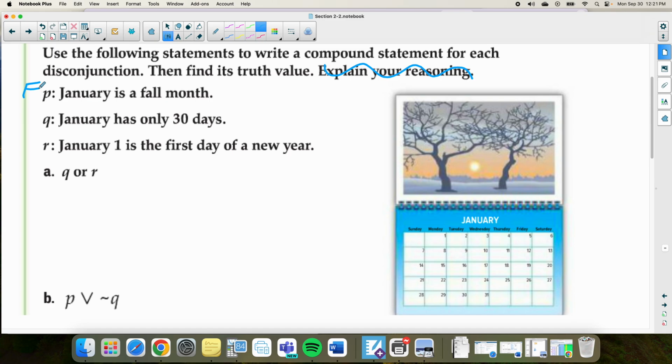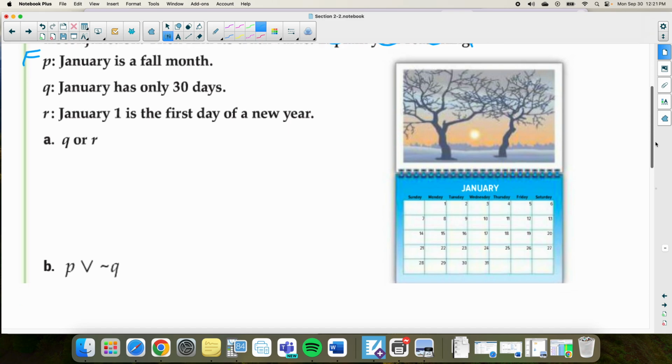The next one, Q, says January has only 30 days. And notice on the calendar here, January actually has 31. So this one is also false. And then R says January 1 is the first day of a new year. And that's true.